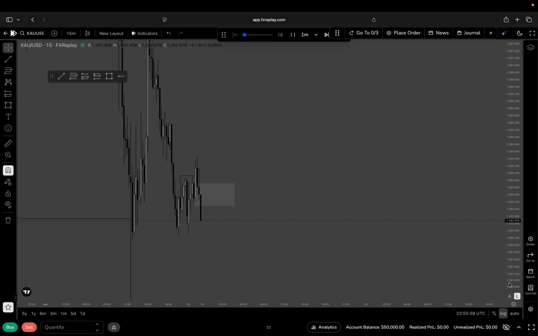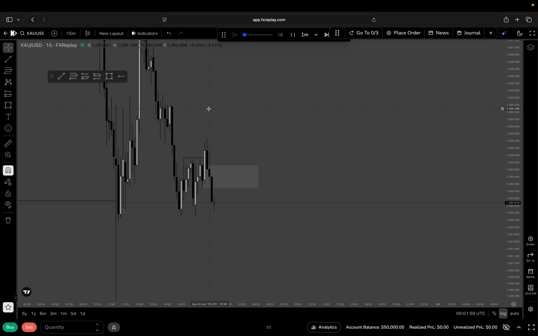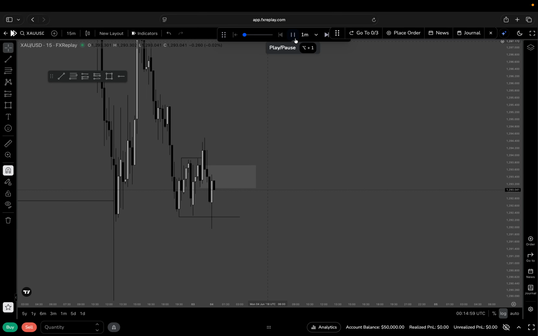Doesn't look too hot at all. Okay, that's all right. See if we break these lows. Still deciding. I'll probably wait for a new range just because this doesn't look that clean anymore.